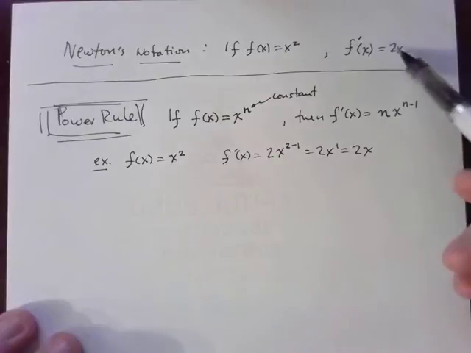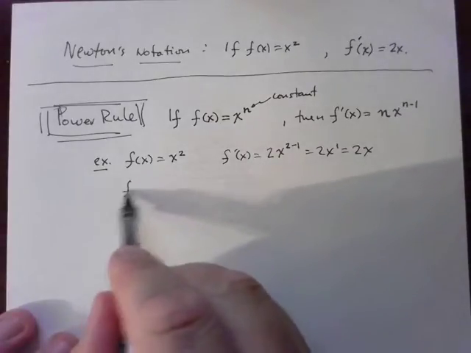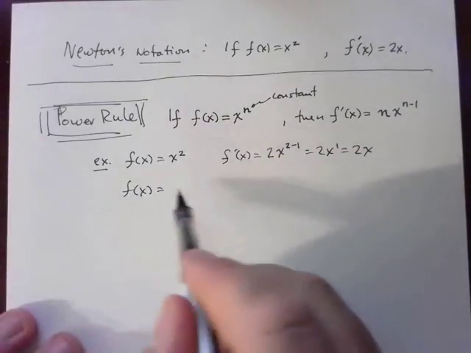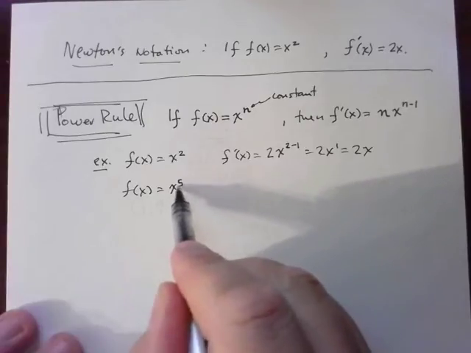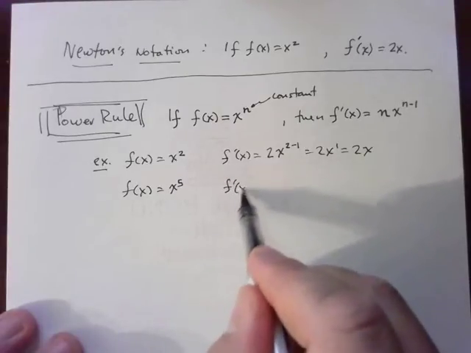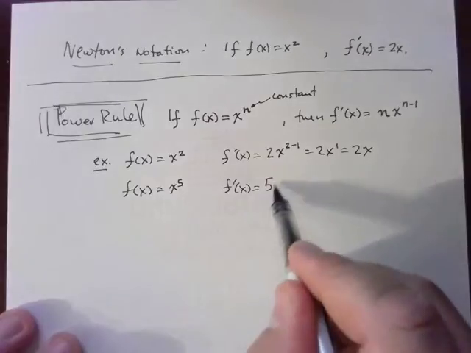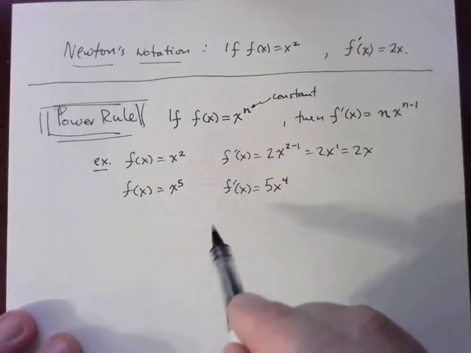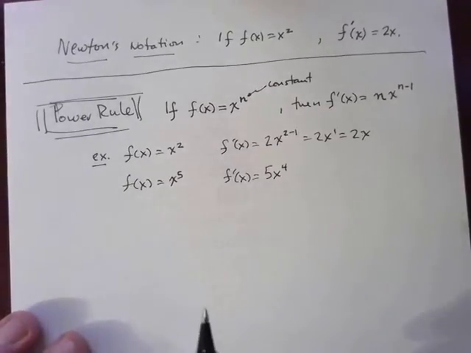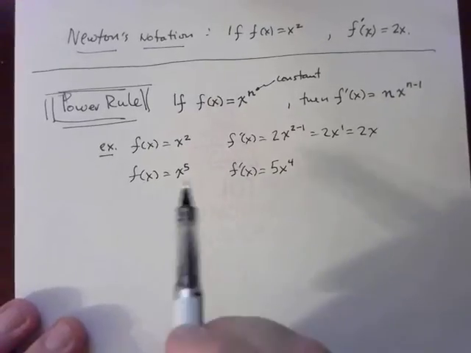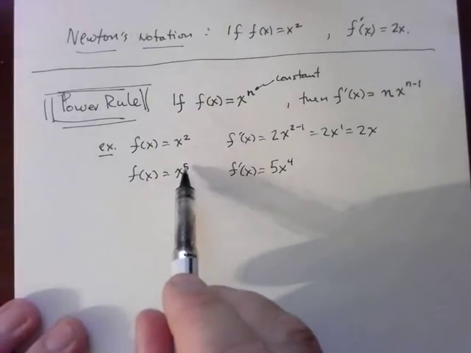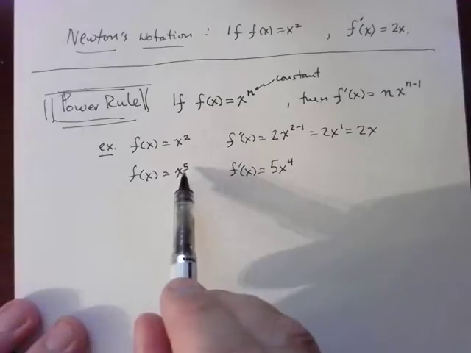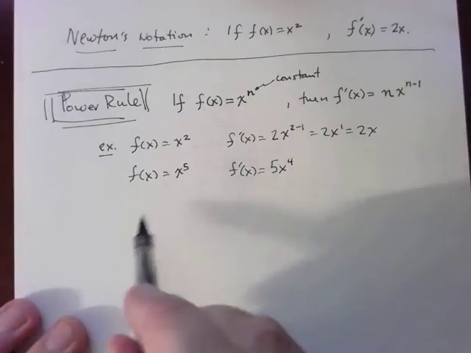We have that on the previous page. If f of x equals x to the 5th, f prime of x equals 5x to the 4th. Okay? This rule works for any constant power here.